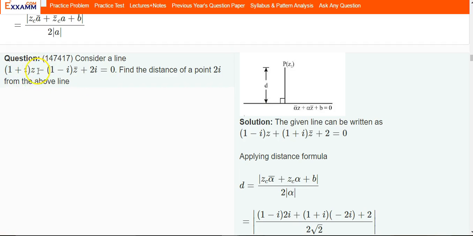So it becomes (1 plus i) divided by i times z, and (1 minus i) divided by i times z bar plus 2 is equal to 0. So then we have the equation in proper format, and here our alpha bar is equal to (1 minus i) divided by i.